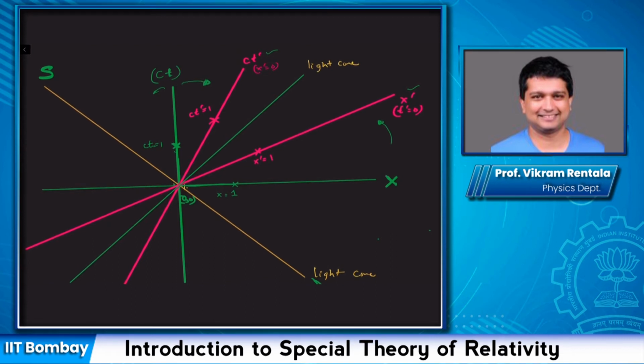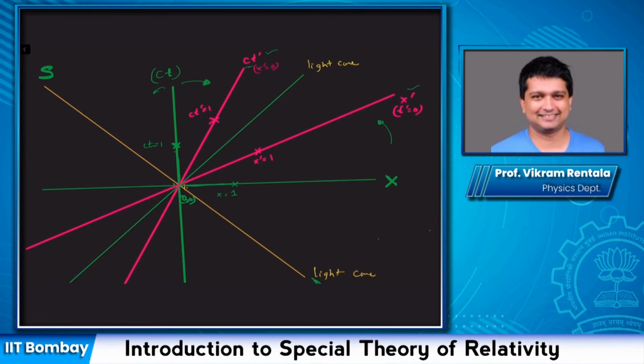So on our sheet of paper, the t prime axis and the x prime axis are non-orthogonal. It would appear that by making a Lorentz transformation we have gone from an orthogonal coordinate system to a non-orthogonal coordinate system, or what is known in coordinate geometry as oblique axes.